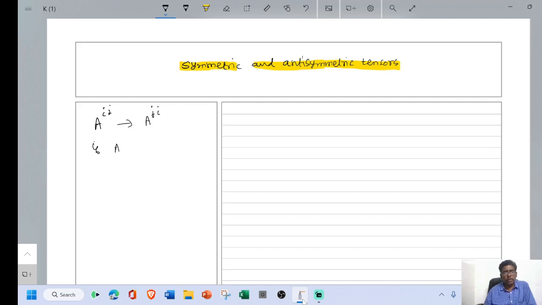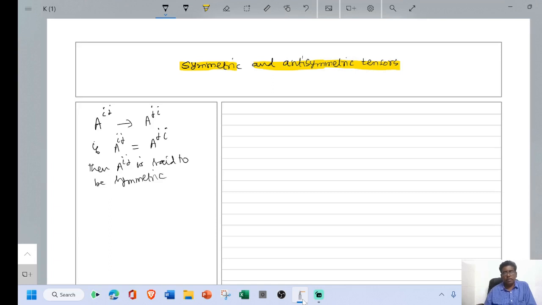If Aij equals Aji, then Aij is said to be symmetric.